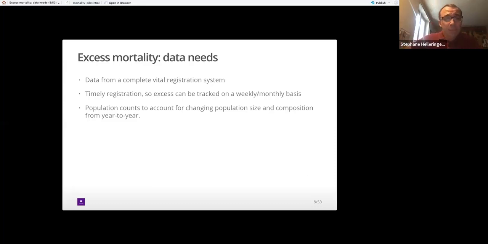So we need timely registration of those deaths and timely reporting of those deaths, so that the excess can be tracked on a fine time scale, so on a weekly or monthly basis. And if possible, we also need population counts to account for changing population size and composition from year to year, in particular during the course of the pandemic, if it precipitates additional movement, or if it reduces the mobility of people, then there might be some confounding that needs to be accounted for.